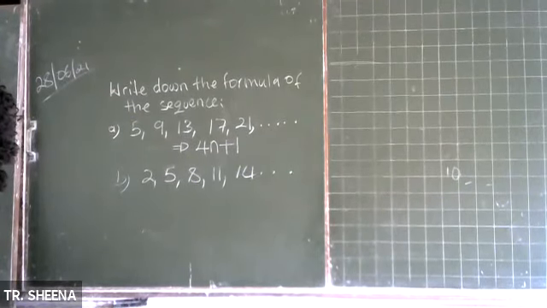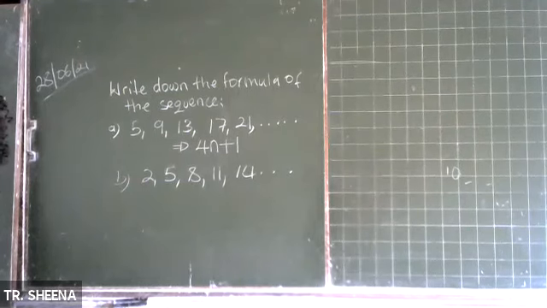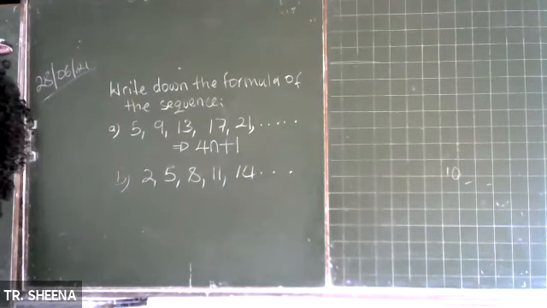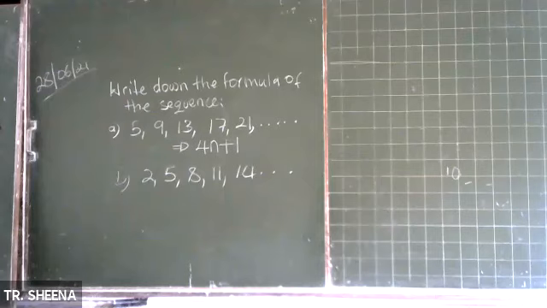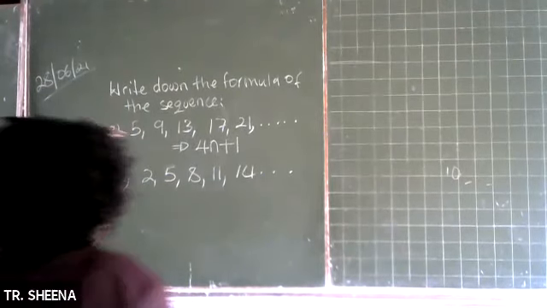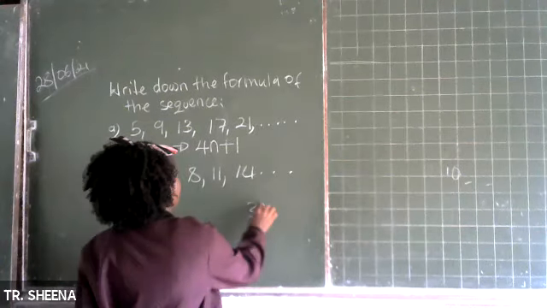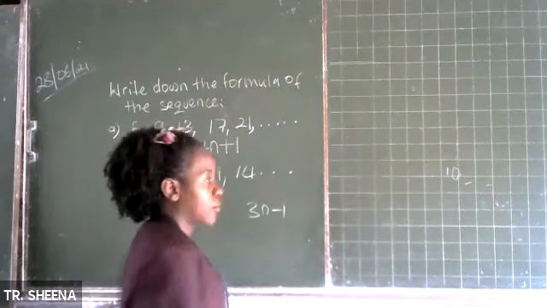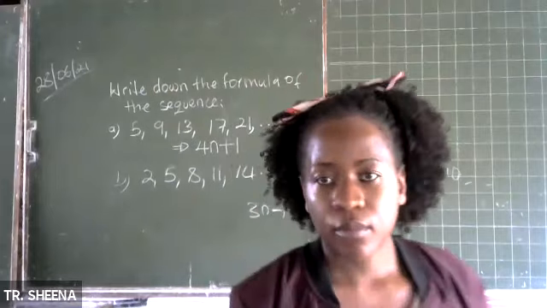Good morning, teacher. Good morning. My formula is 3n minus 1. 3n minus 1. Even Rania's formula is 3n minus 1. Maysoon, what is your formula? Teacher, I also got 3n minus 1.